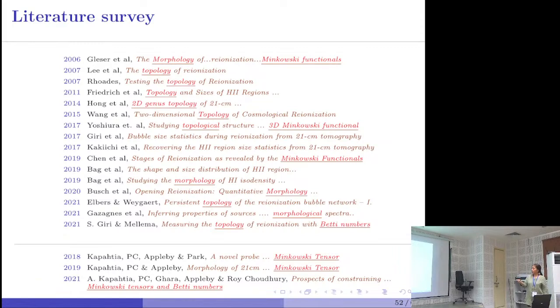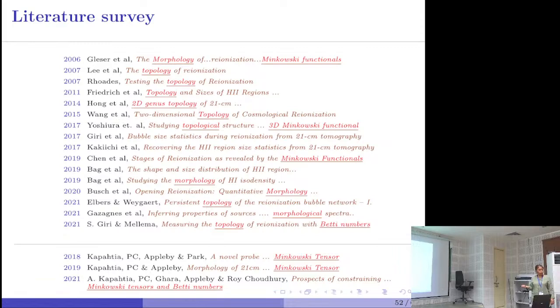Whenever there is topology, it means there is only the Euler characteristic. Slowly over the years there is a slight increase because there is hope that we will have data where we can apply this. Unfortunately, I collected this only till when I gave a talk, so there may be papers after this that I have not checked properly. You can see all of the Betti numbers these people have used.